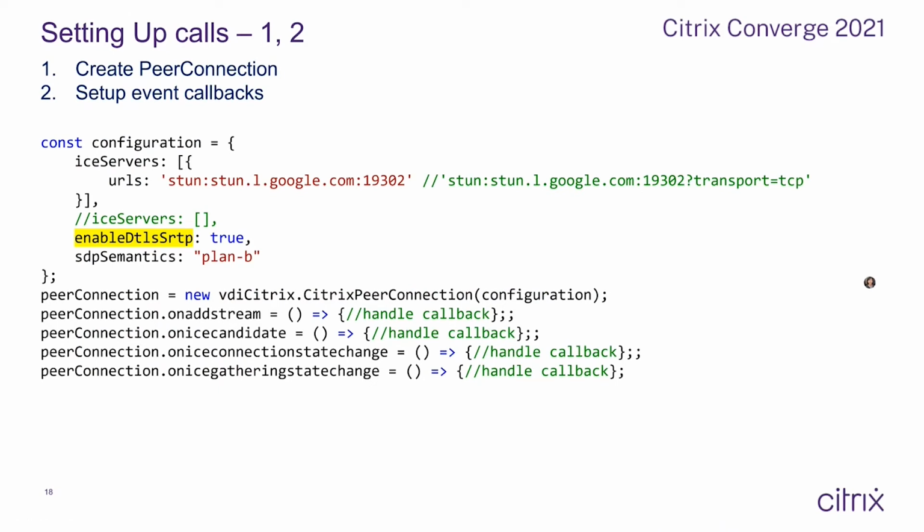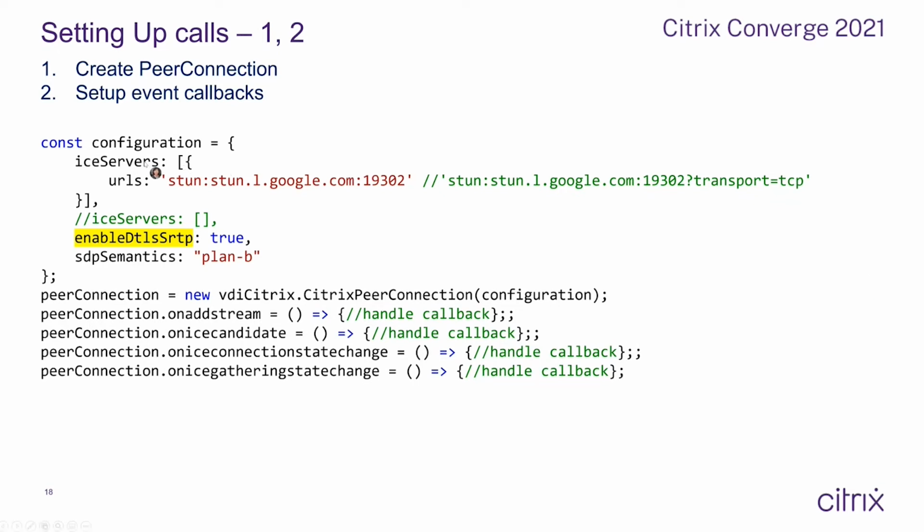Creating a peer connection and setting up callbacks are nothing unusual here. It's very similar to the native WebRTC API. However, there's one difference in here, which is how we set up DTLS. Note that this is outside of the WebRTC specification.